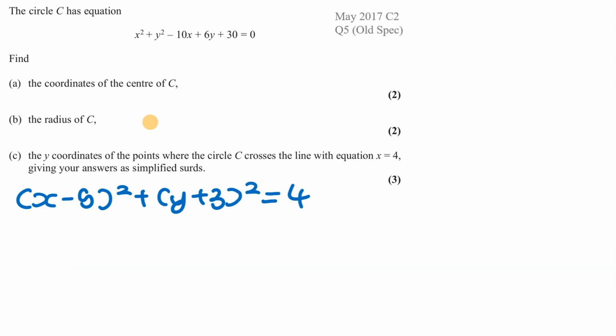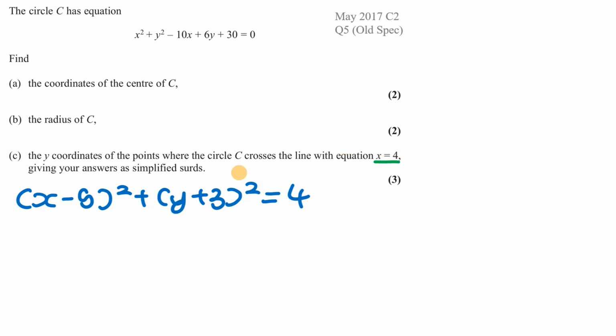Then for part C, we need to find the y-coordinates of the points where the circle C crosses the line with equation x is equal to 4, giving your answers as simplified surds. When it intersects the line with equation x is equal to 4, we can sub x is equal to 4 into the equation of the circle and rearrange in order to find the y-coordinates.